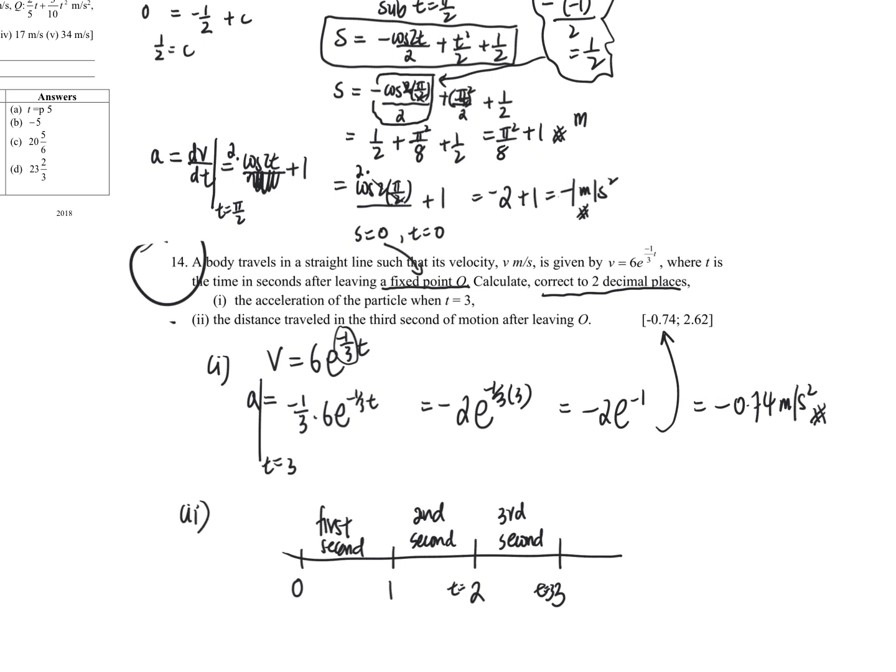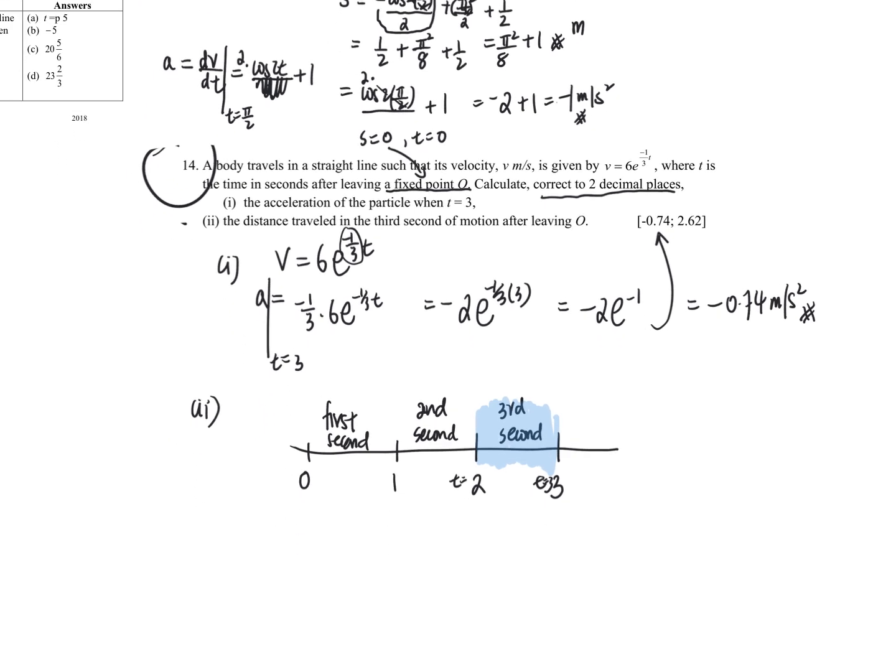So they want you to find the 3rd second of motion, which is between here and here. So you are interested in finding this motion. So you need to go and find the displacement at t equals 2 and the displacement at t equals 3. You can find displacement by integrating this first. So integrating exponential is the same thing. Constant, leave it out.